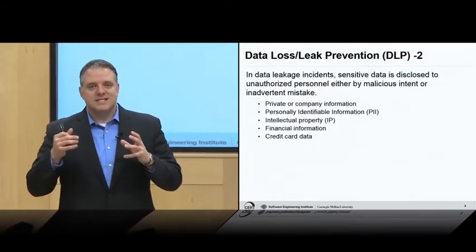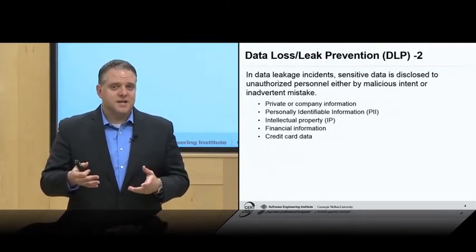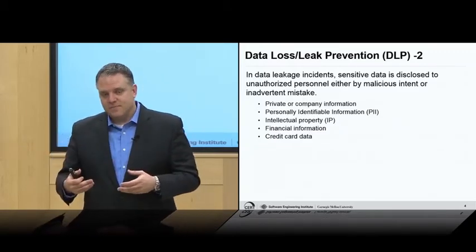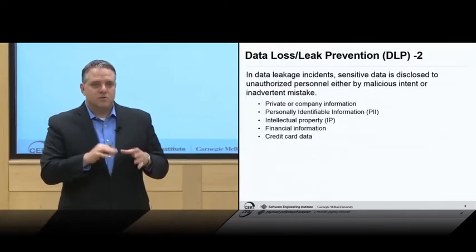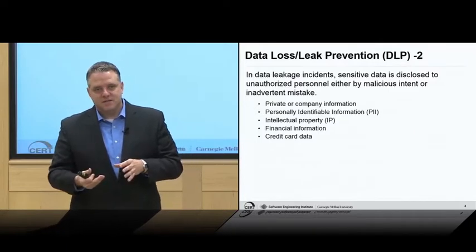There's a lot of sensitive data out there, and it's kind of incumbent upon each organization to define what is sensitive to your organization and what isn't. But once you do that, that forms the foundation of a DLP program. You really have to understand what is sensitive data and what isn't sensitive.